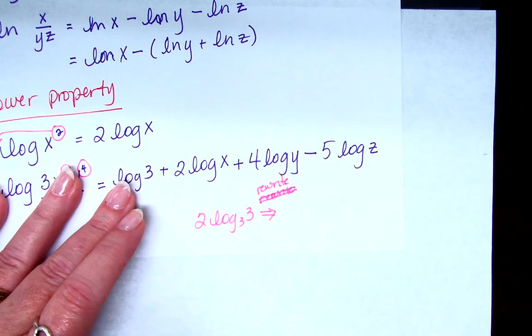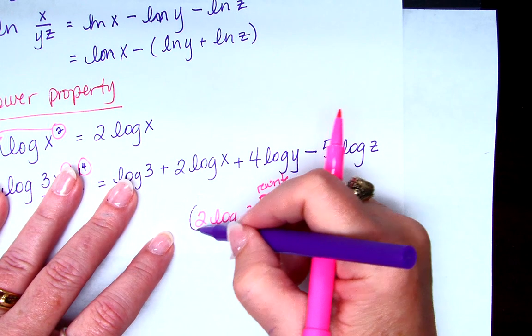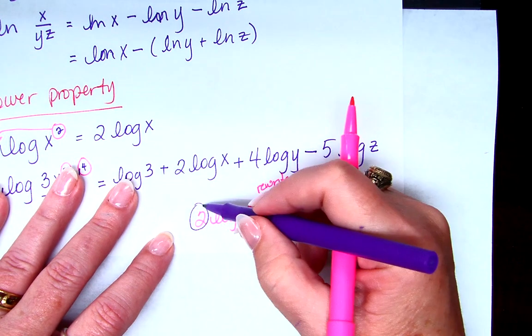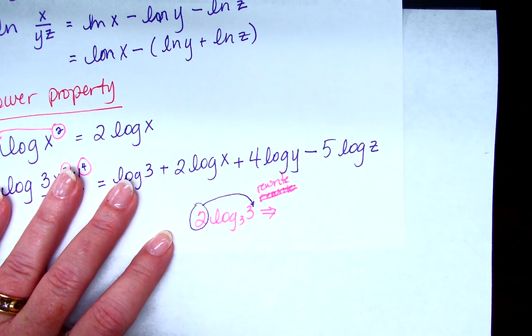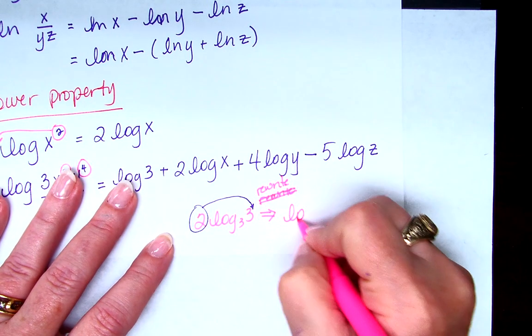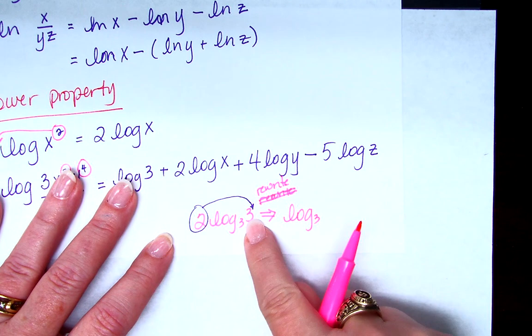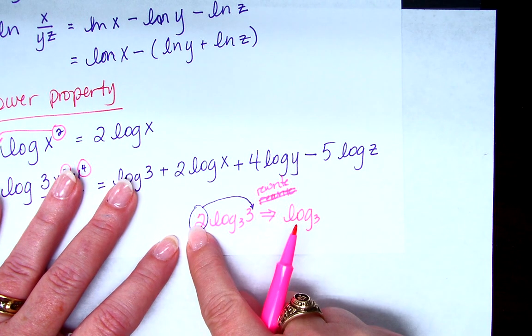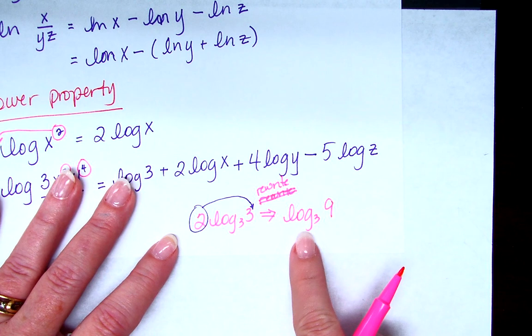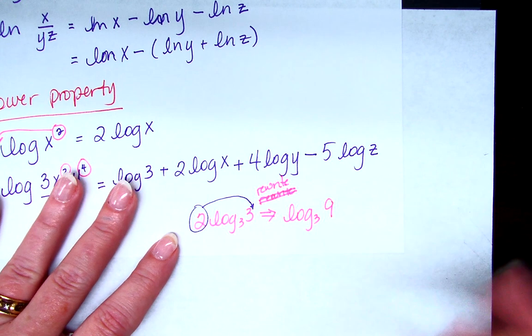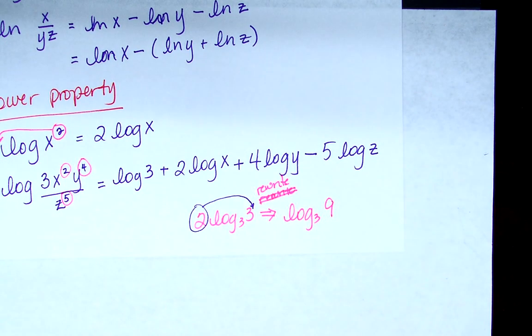If we're rewriting this, where does the 2 go? It goes as an exponent. So it's log base 3 of 3 squared, which is 9. The answer is a little tricky, you see what I'm saying? That's why I'm trying to help you with it. You okay with that? Any questions on that?